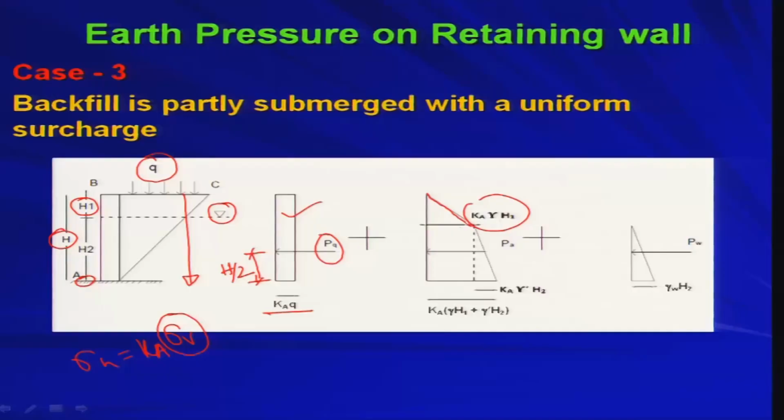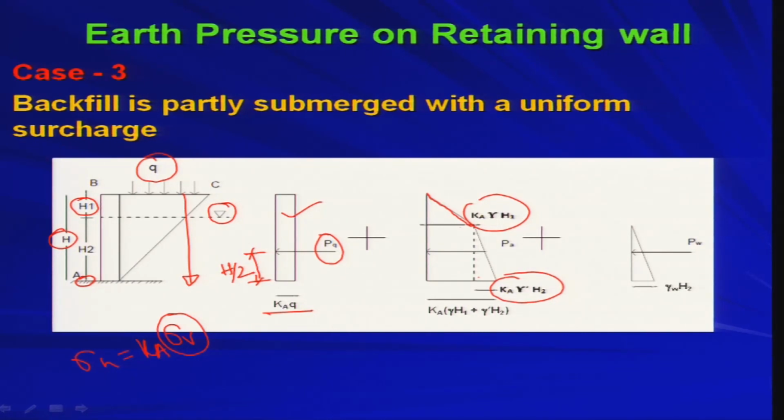Fine. Now, from H1 to H2, at H1 you have Ka into gamma into H1. Now, at H2 what will be your pressure? At H2 you will have the pressure Ka into gamma prime into H2, because you have to consider the submergence, right.